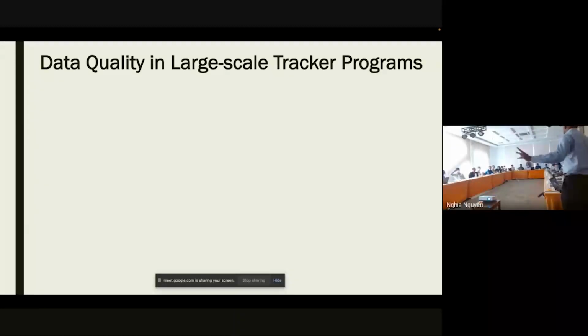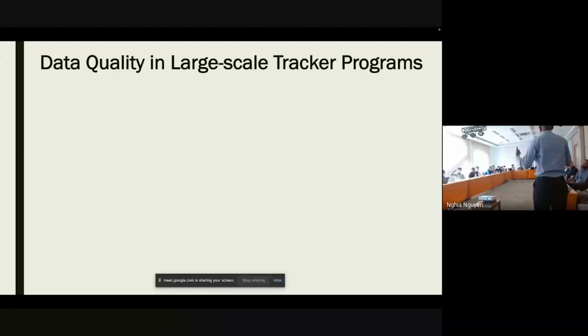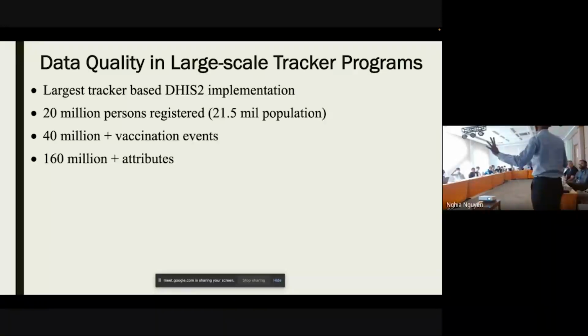Final 2 or 3 slides. So now shifting back from all this work that was done in the past to the current context. We are talking about COVID-19, right? As some of you are aware, Sri Lanka has one of the largest COVID-19 tracker programs from day one because we pre-registered virtually the entire adult population into DHIS2.